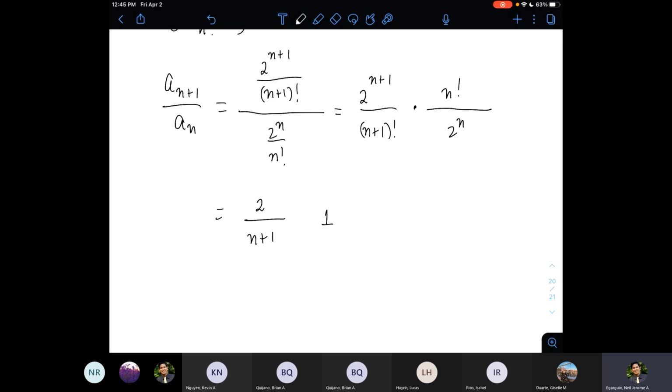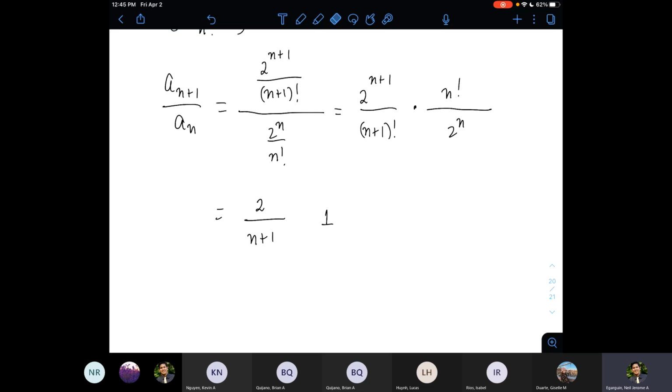Is there a uniform inequality that I can use here? So what's the relation there? Less than, greater than, less than or equal to, greater than or equal to, or what? Anybody? It's less than 1.